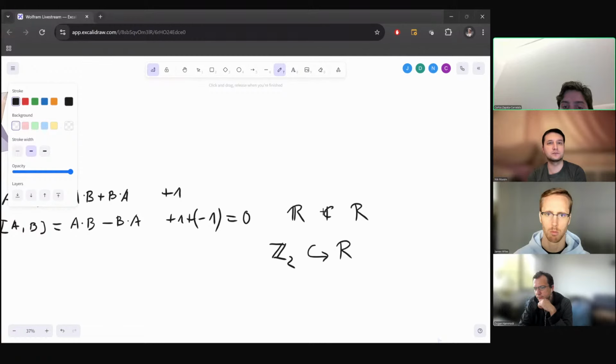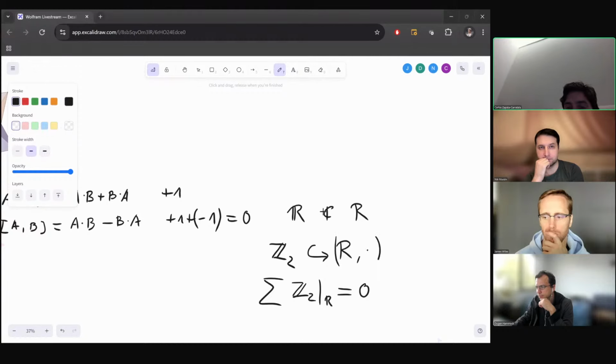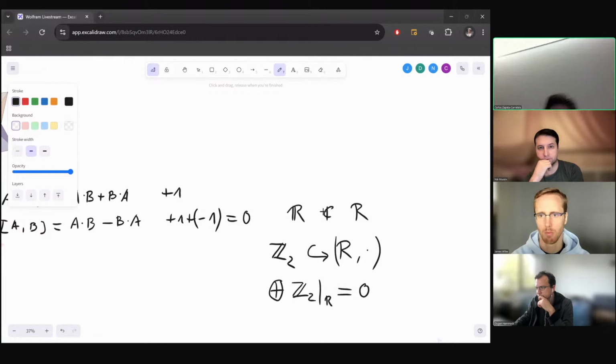That subset, call it the Z2 in R, is embedded as a multiplicative subgroup, but it is cancellative. So basically this adds up to zero. This is an inclusion of groups, so I'm going to represent it by this. And to make the plus more explicit, I'm going to call this O plus like that. So when you add over the elements of the mapping, you get zero. So these are two properties.